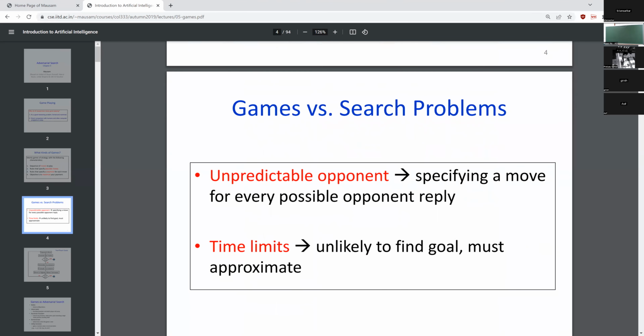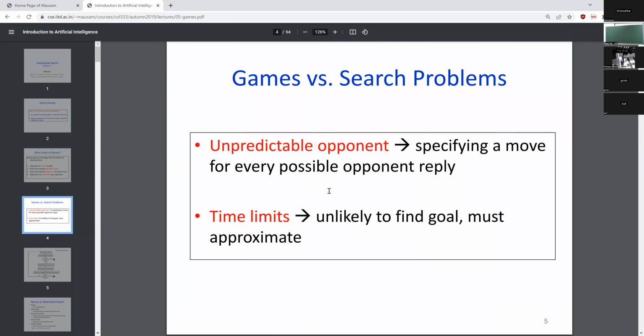Right. So let's try to compare how game playing or adversarial search compares with the search problems that we have already seen. The major difference comes in point number 1, where you have an unpredictable opponent, which we did not have in a search problem. You specify a move and you have no idea how your opponent is going to make its move. And that's where the unpredictability comes.